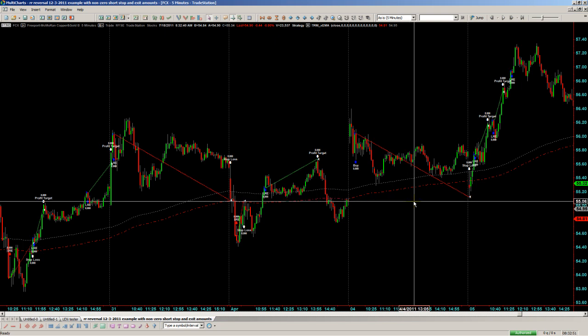So while the answer is a little complicated, Rick, to simplify it, the first thing to do is understand how to do single symbol backtesting and what advantage it gives you, and how to do it in such a way that it's not curve fitting, but it's true backtesting. You know the difference between curve fitting.